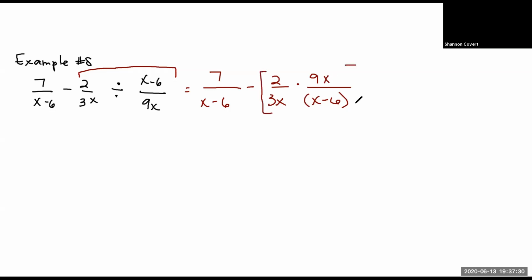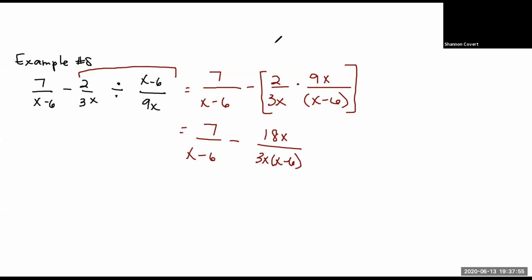I'm putting in this grouping symbol just so you all recognize that, because I need to do the multiplication first. So I'm leaving 7 over x minus 6, keeping my minus sign here, and I'm going to do the math. 2 times 9x is 18x. In my denominator, I have 3x times x minus 6.